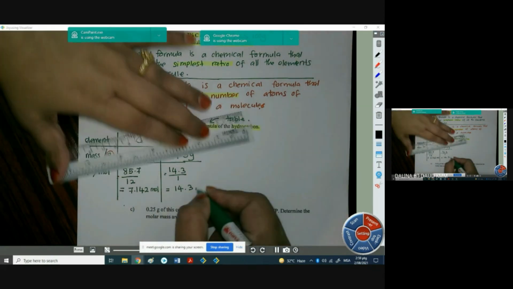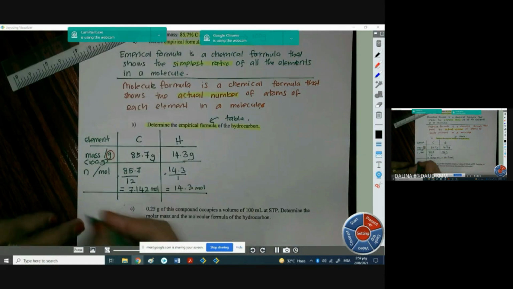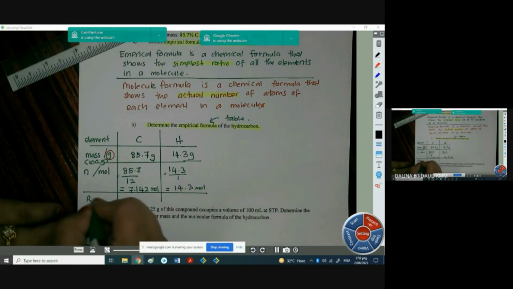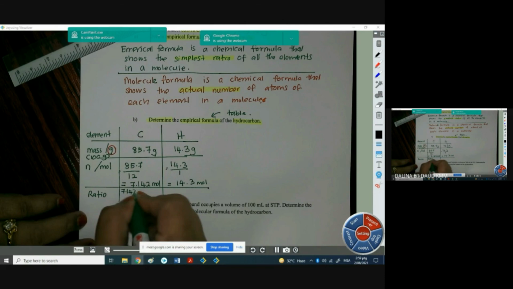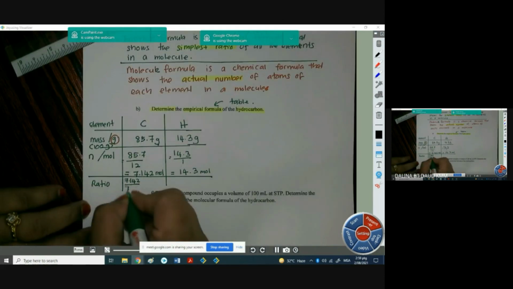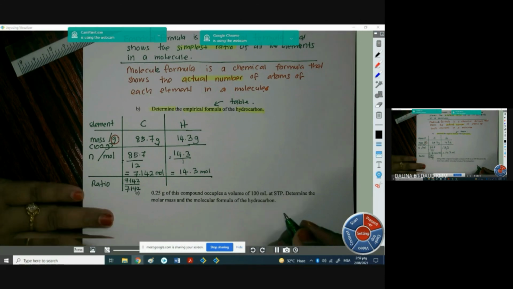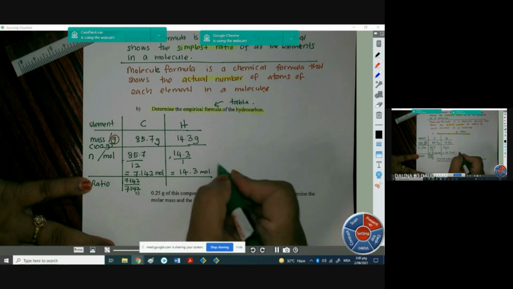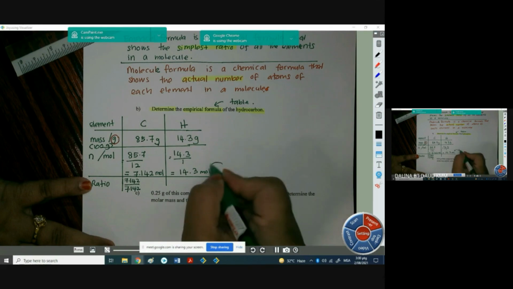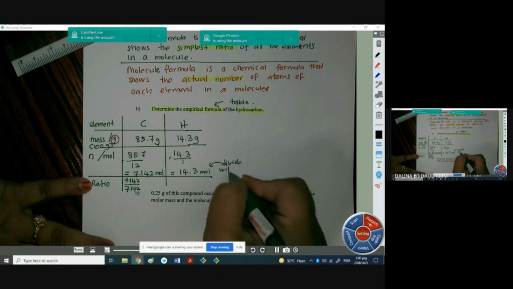And the last one, the last row, you have to show the ratio. So the ratio is 7.142 divide 7.142. We divide with the lowest number of mol.